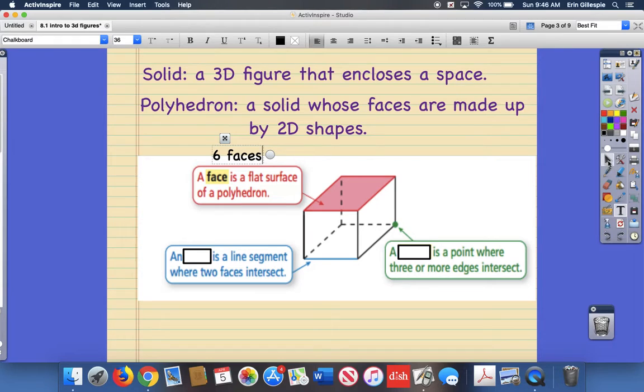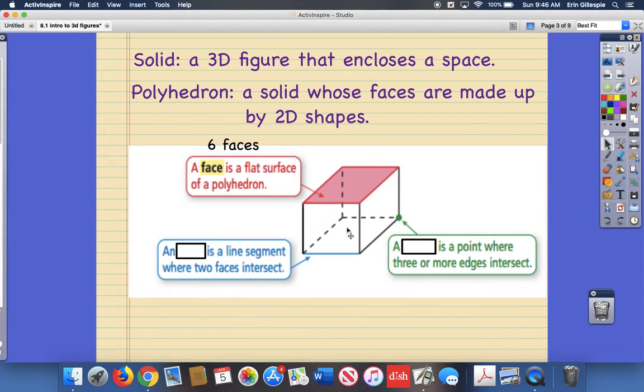There is top and bottom. So this one up here, and this one that I'm tracing out with my cursor down here, is what we call opposite of that face. It's perfectly parallel to it, like they would never touch if they were to keep going. And that means that they're congruent, they're the same size. There's also, I'm going to try to color code this here, make this one pink.